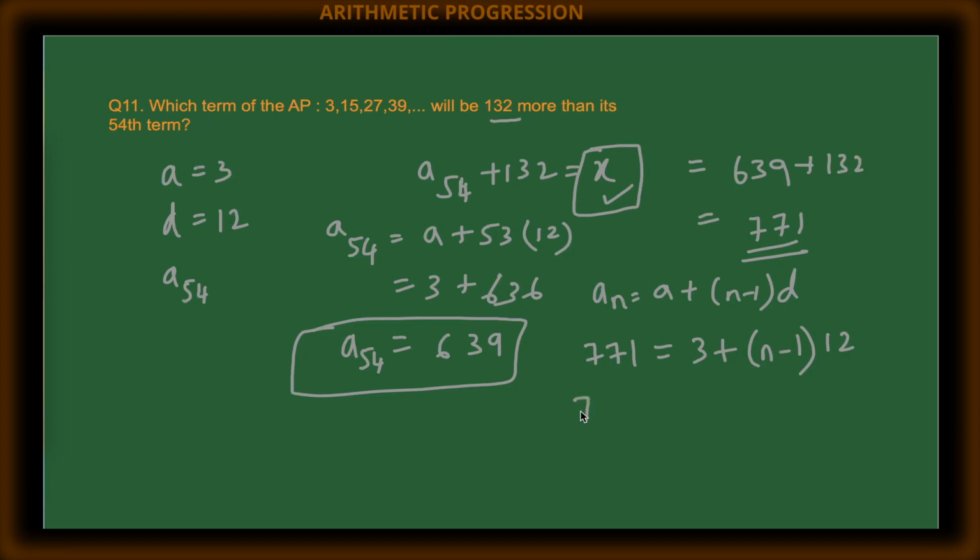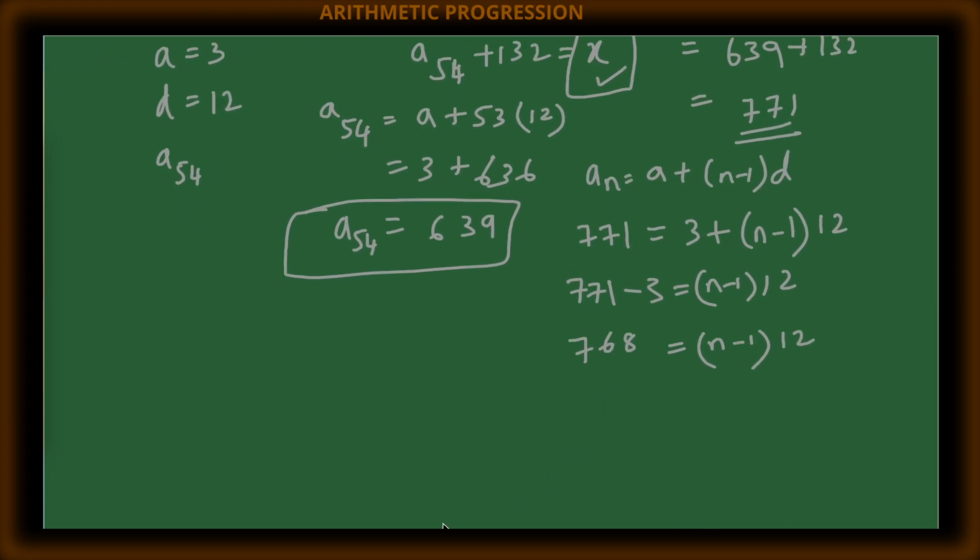So 771 minus 3, bringing here, then (n minus 1) into 12. 771 minus 3 becomes 768, which is equal to (n minus 1) into 12.